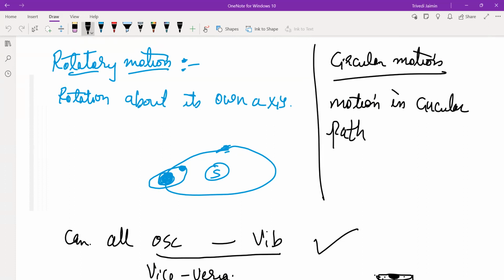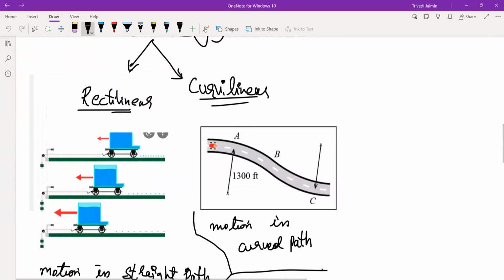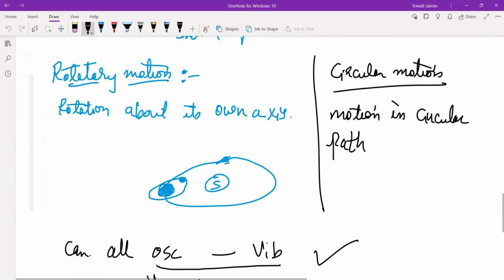Okay, let me show you a photo. Rotatory, curvilinear, we already saw that. Let me show you a photograph. Sir, no, like one example for each. Yeah. Let me show you a photograph.